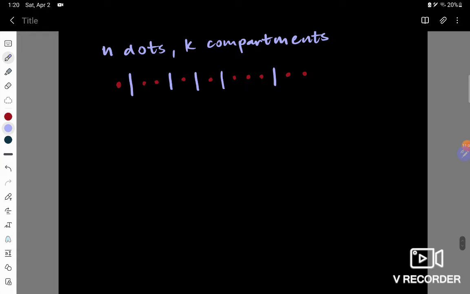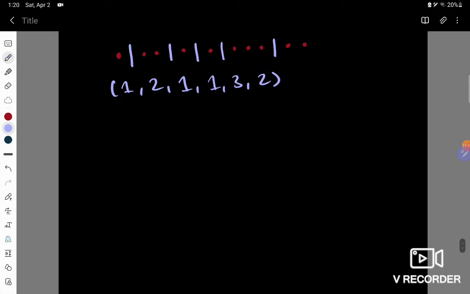This represents the 6 composition, since we have 1, 2, 3, 4, 5, 6 compartments: 1, 2, 1, 1, 3, 2, which is a 6 composition of the total number of dots, which is 1 plus 2 plus 1 plus 1 plus 3 plus 2, which is seen to be 10.